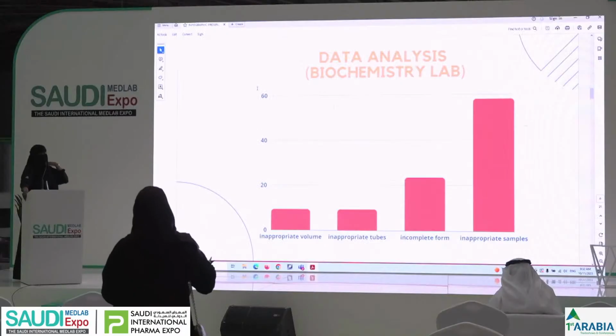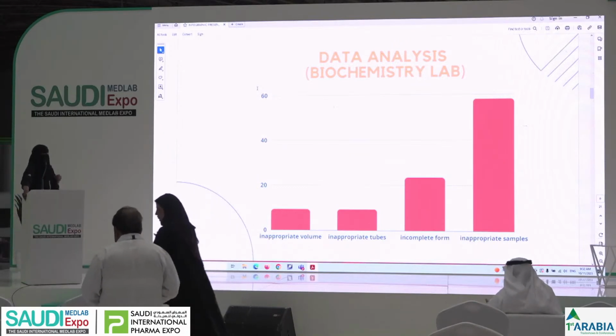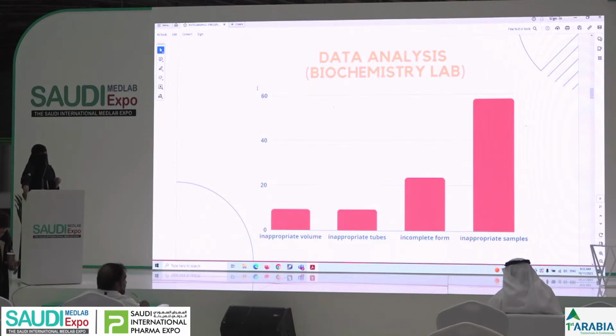For example, the physician requests blood sugar analysis, and we receive an EDTA sample or heparin sample, which is not an appropriate sample to analyze this test. That's why about 55 samples were rejected in the biochemistry lab due to inappropriate sample collection.